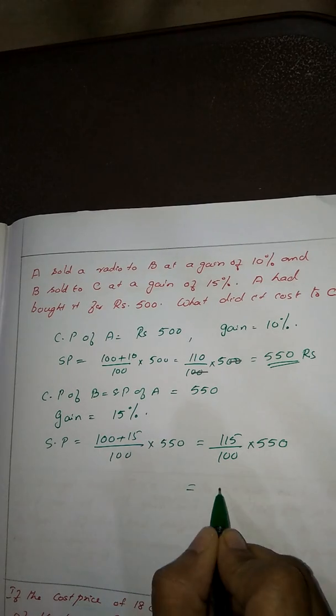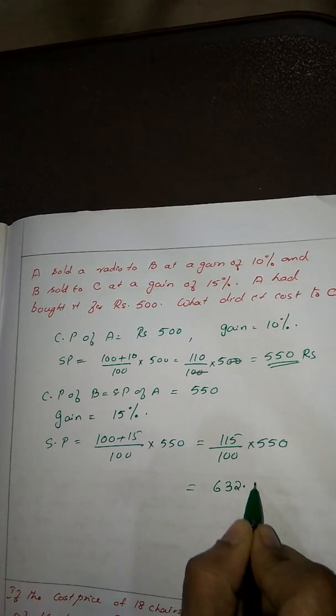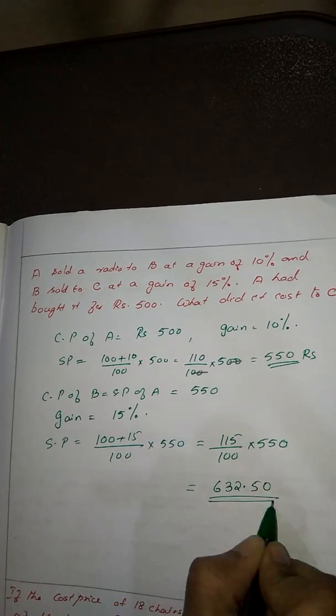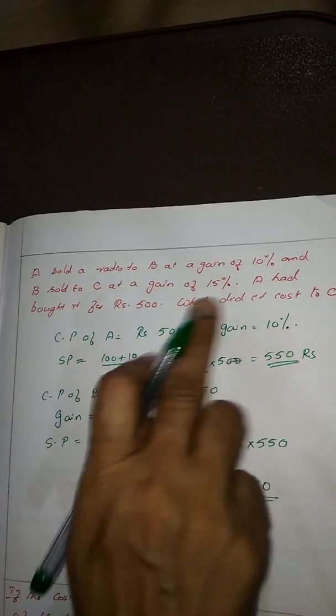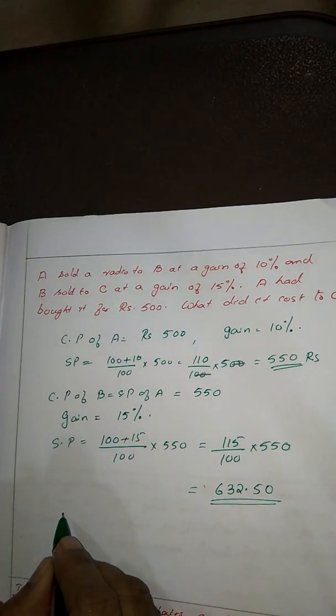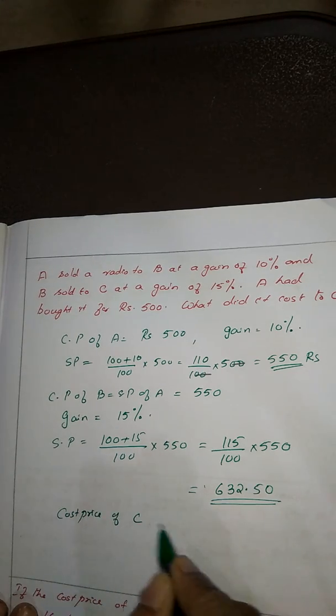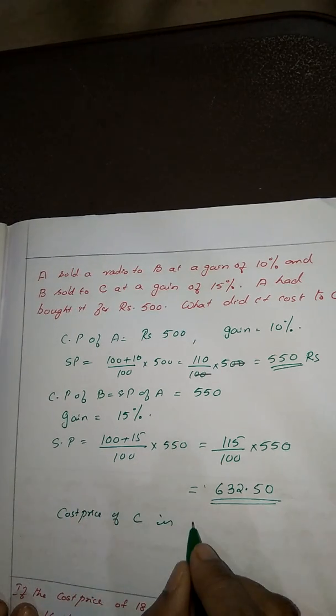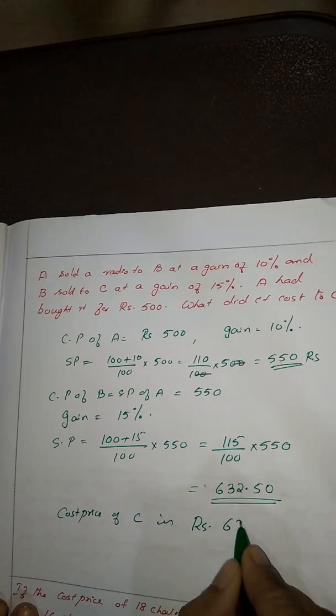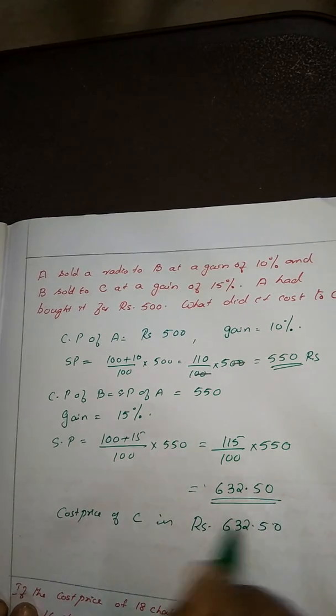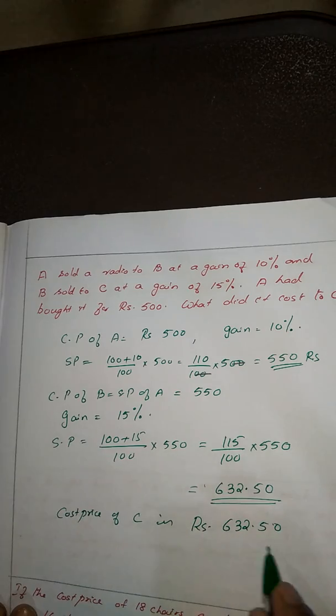So this is equal to 632.50. So what did it cost to C means the cost price of C is rupees 632.5, because the selling price of B is the cost price of C.